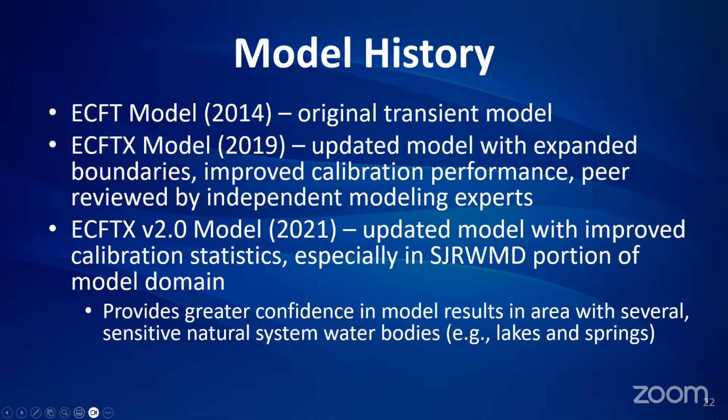And that work was completed in 2021. And the purpose of all of these models and model updates, every time we do that, we believe that we have greater confidence in the model as a predictive tool. And every one of these times that we stopped and we did work, it was the best available tool at the time. We supported the water supply plan, but at the conclusion of that, as groundwater modeling experts, we understood that there were opportunities for improvement.